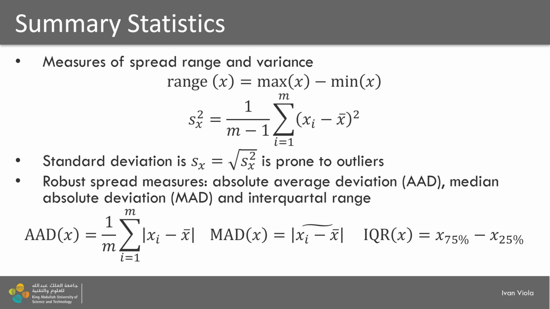Now, the median absolute deviation is again something else. The median absolute deviation takes all the deviations from the mean, which we can see here, and sorts them from the smallest deviation to the highest, and then we take the median of these absolute deviations.